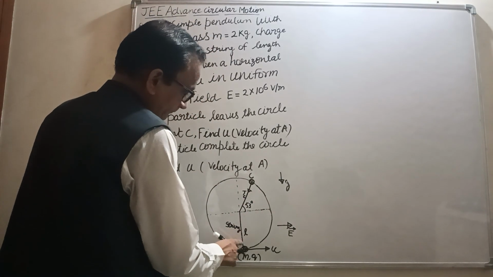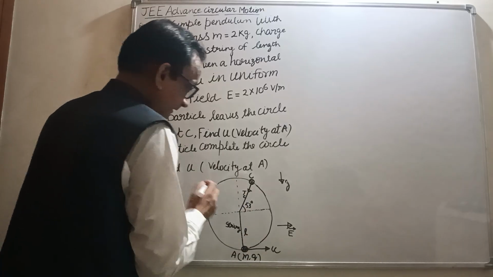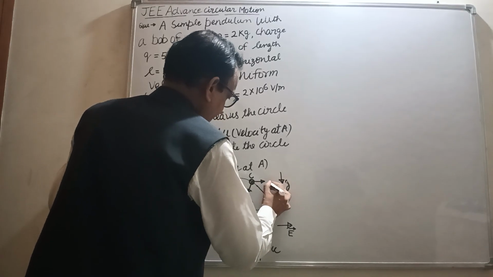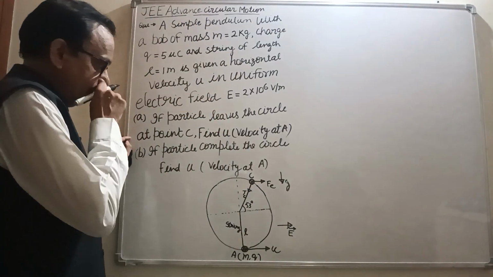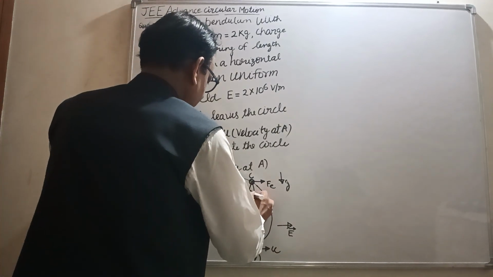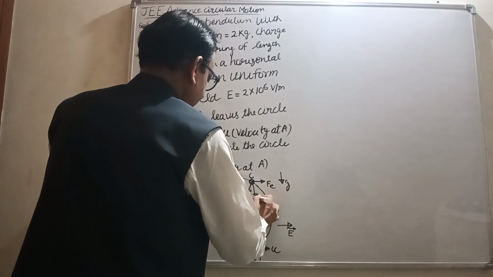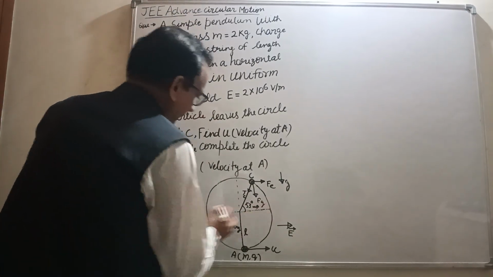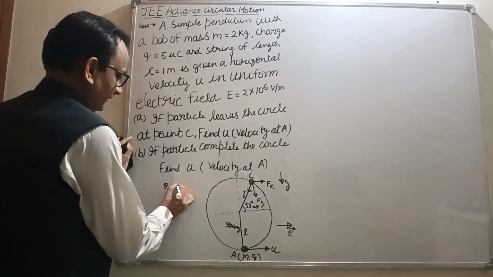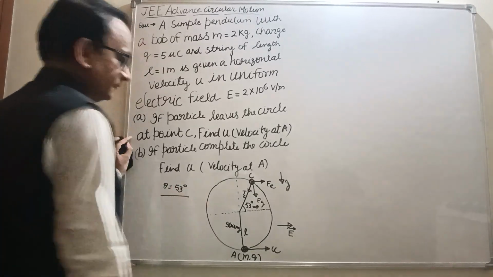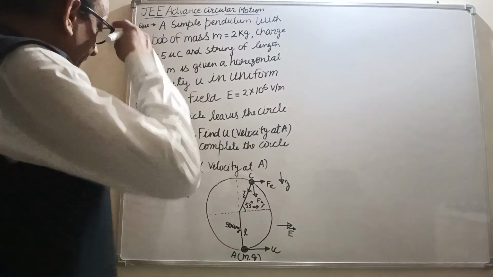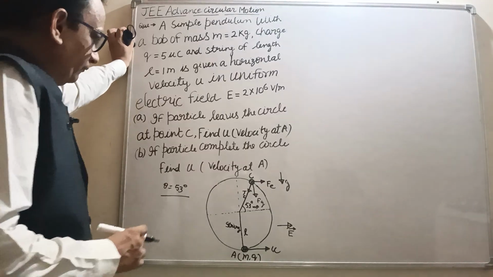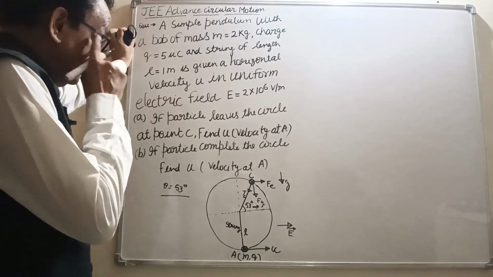We know the tension from here to here would be different, and here the force acting is the electrostatic force, that is Fe, and this force is Fg. Fg is acting in that direction. Let's say this angle is theta, so theta is equal to 53 degrees, given. So this is the angle theta here, and we have to calculate the velocity at point C.